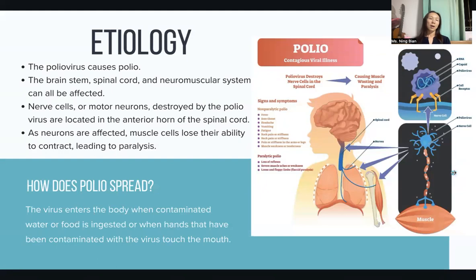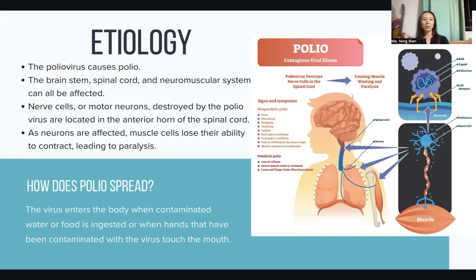Etiology. The poliovirus causes polio. The brainstem, spinal cord, and the neuromuscular system can all be affected. Nerve cells or motor neurons destroyed by the poliovirus are located in the anterior horn of the spinal cord.